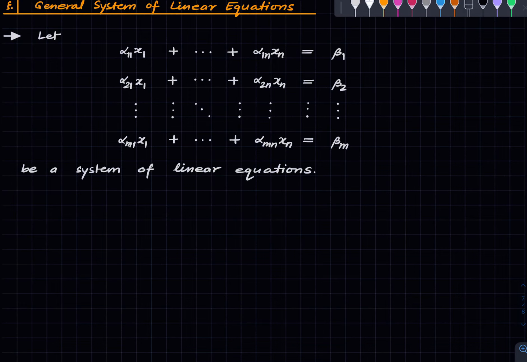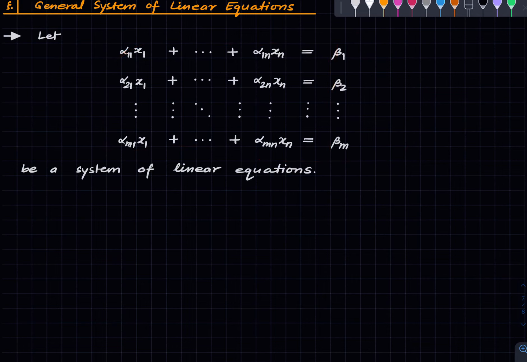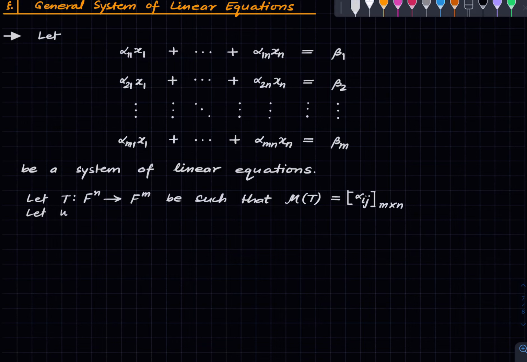All right, lastly, let's comment on a general system. So again, we have a general system of linear equations. These are not necessarily all zero. Then again, we have the linear map as previously. Right, we have this linear map, and W be b in the target space.